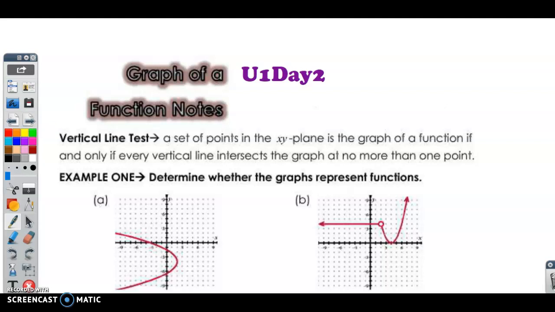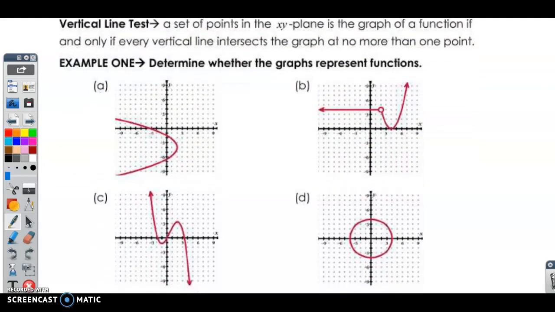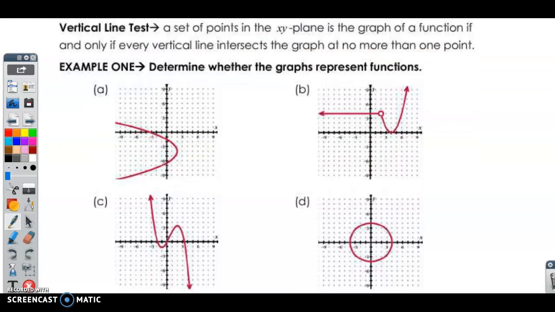All right, so we are going to move on to the graph of a function. The way we check to see whether the graph is a function is we use what's called the vertical line test. Basically, if you can create a vertical line anywhere and it crosses the graph more than once, that is not a function. So not a function, boom, that's a function, boom, that's not a function. Now let's look at this one.